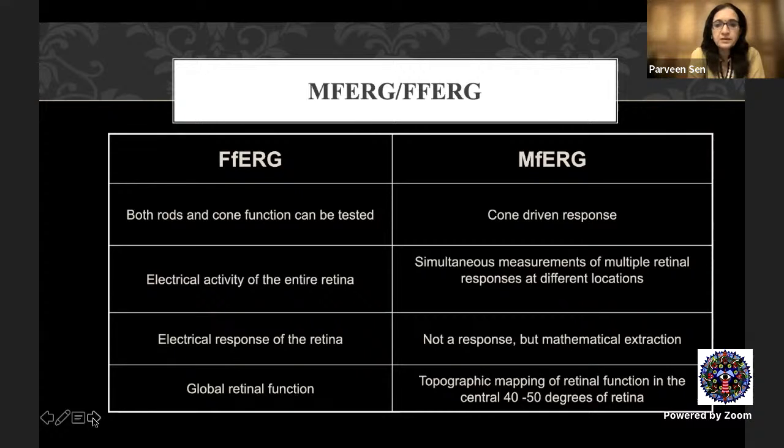Full field ERG is actually a true electrical response, but multifocal ERG is a mathematical extraction which is done automatically by the system. And full field ERG gives you the entire retinal response, and multifocal ERG gives you only the central 40 to 50 degrees of the retina.